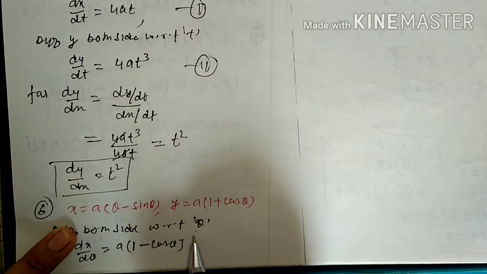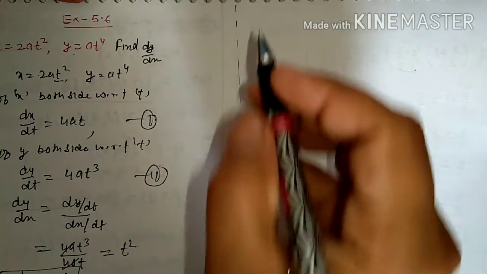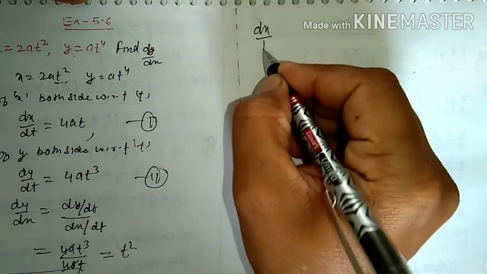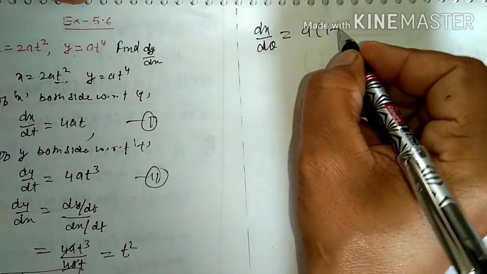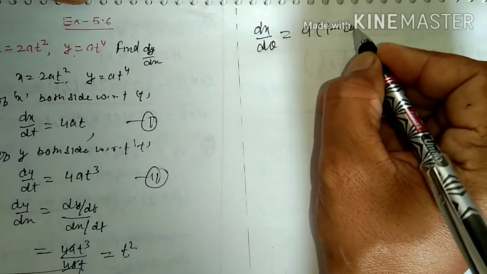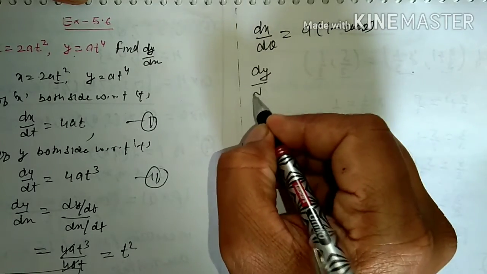Clear? So finally dx upon d theta is equal to a times 1 minus cos theta. Clear?